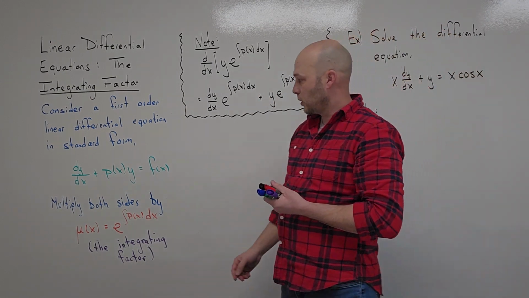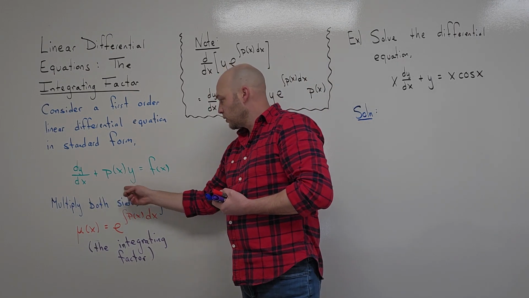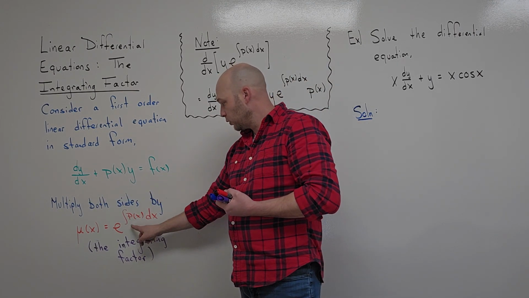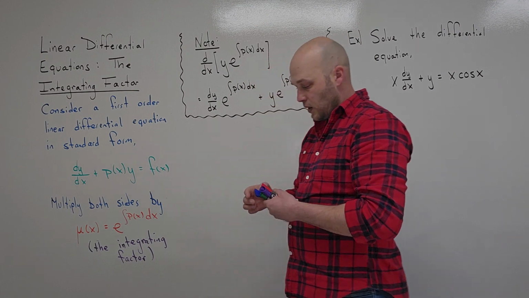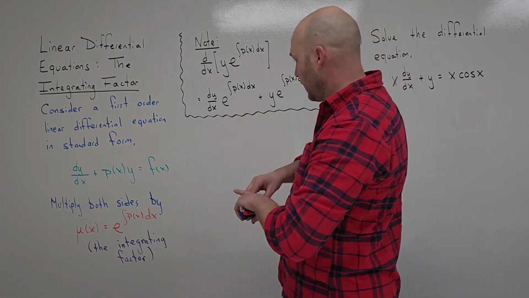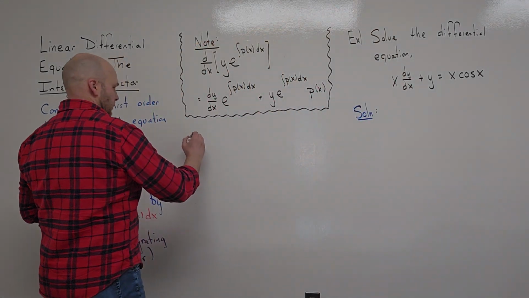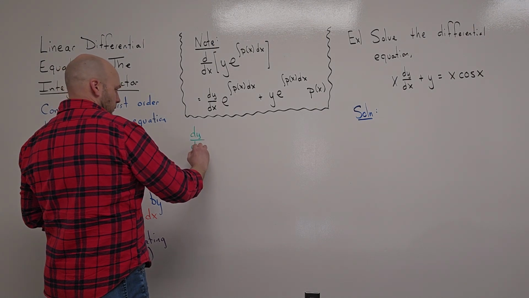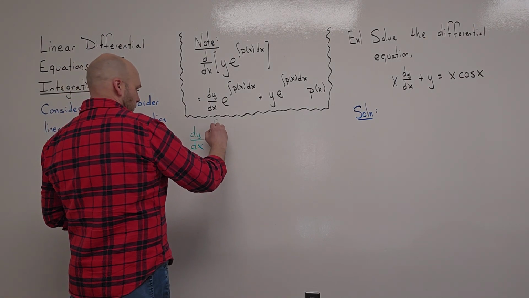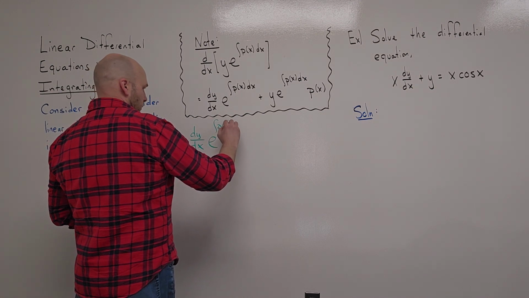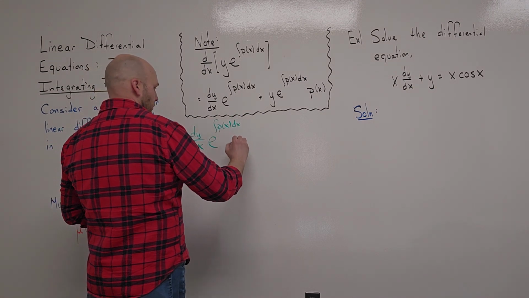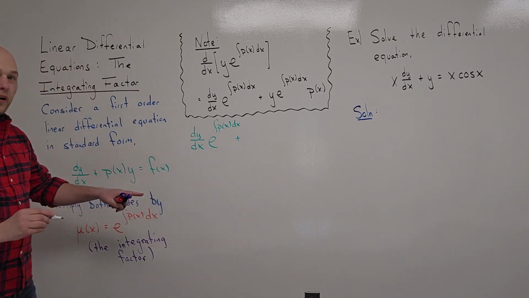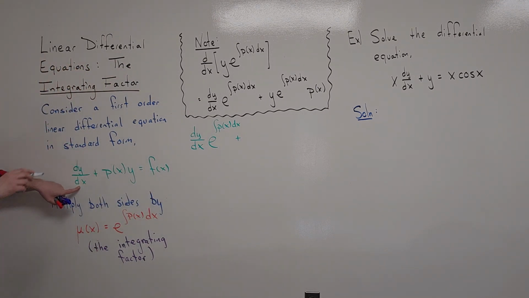Back to the differential equation. I'm going to take this first order differential equation and multiply by this function right here. So I took the integrating factor and multiplied by the derivative, so that's what I have.